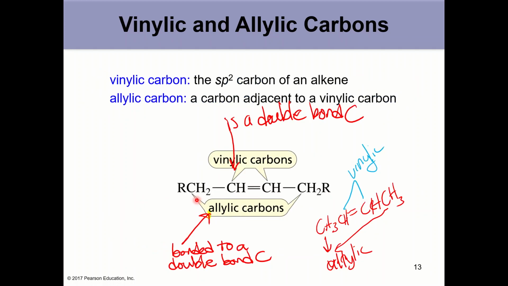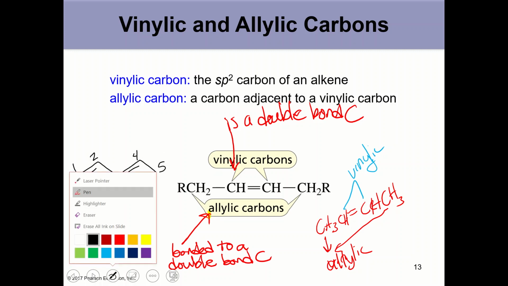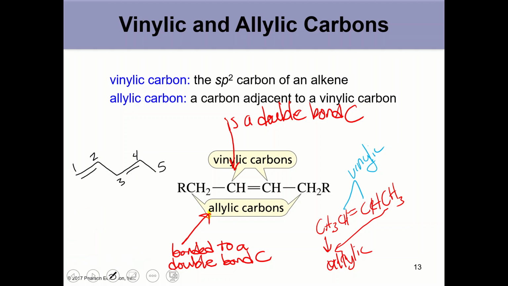When I'm talking about a diene, if I were to draw the following diene, I have 4 vinylic carbons, and I will highlight in yellow, for carbon 2, C3 is allylic to C2.